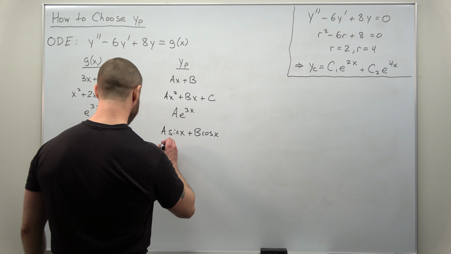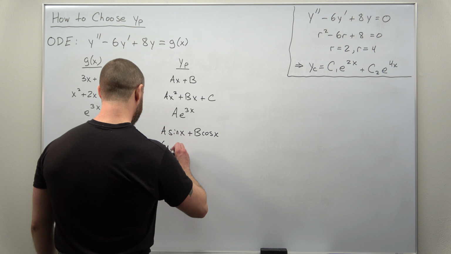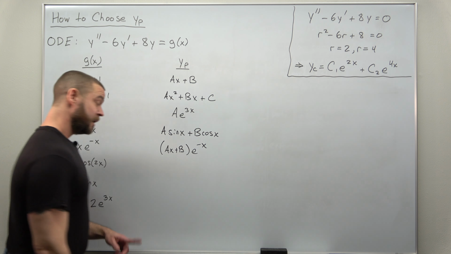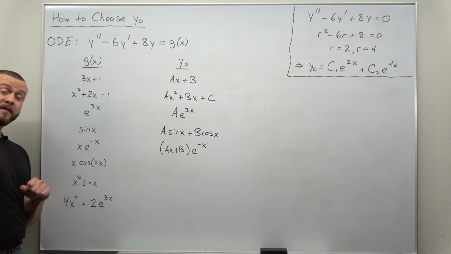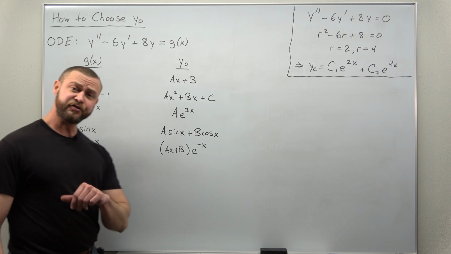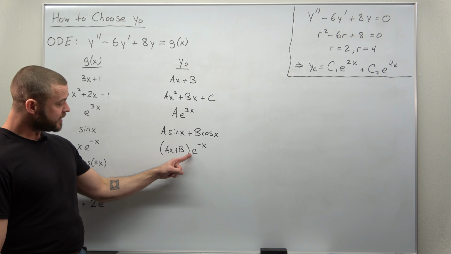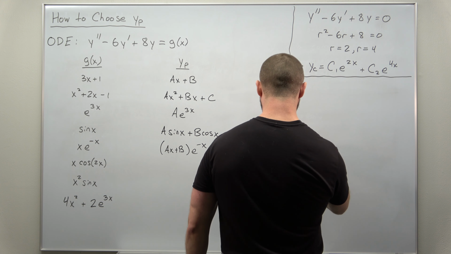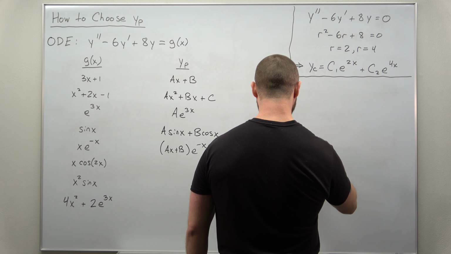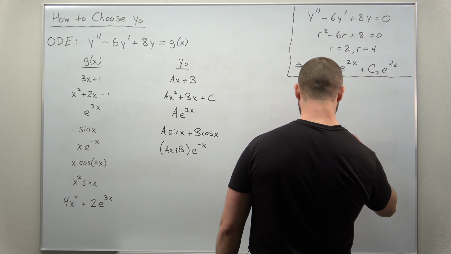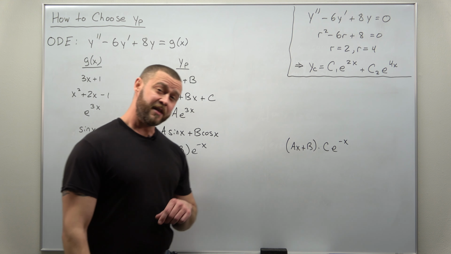So we might try ax plus b times the exponential e to the negative x. Now, in class, students usually ask me, is it wrong if I include a constant in front? Let me go ahead and write that down. So maybe you would try this as ax plus b times c e to the negative x.